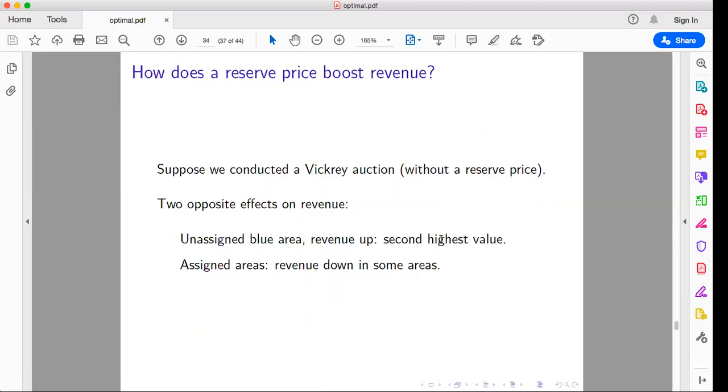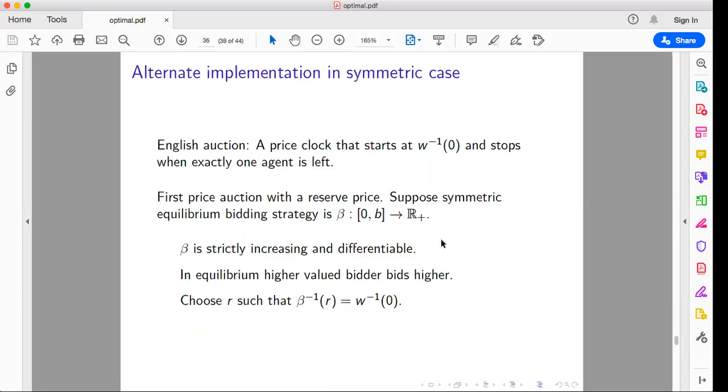Okay, so before I get to that point, let me also say that, at least in the symmetric case, there are simple indirect implementations of this optimal mechanism. One, though, we know that the Vickrey auction is the same as the English auction, so you can always have this English auction implementation. So what's an English auction? English auction is an auction where the seller starts a price clock.